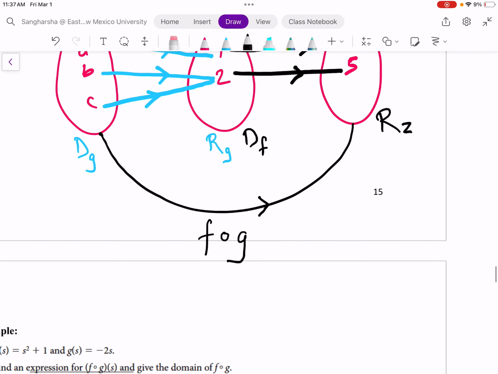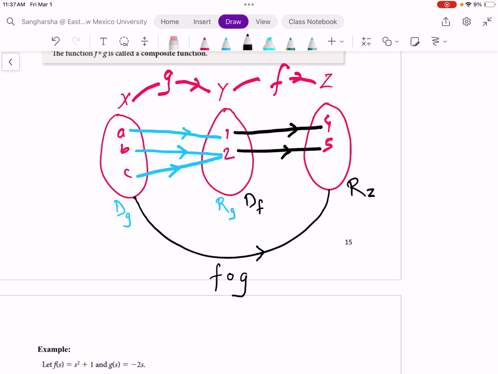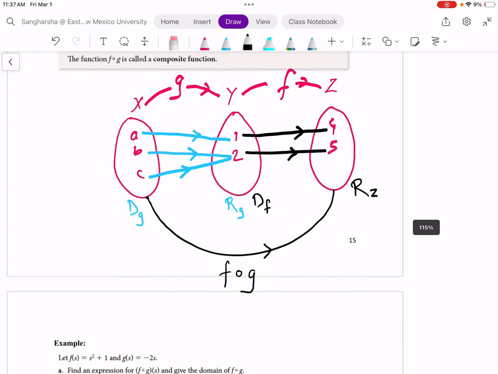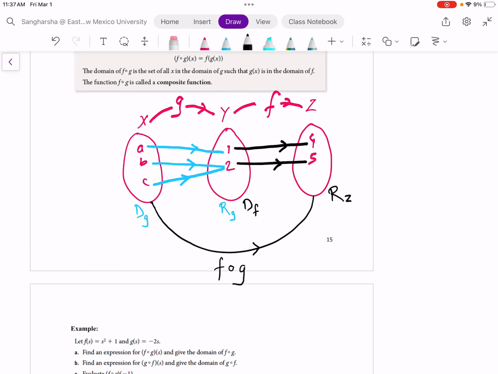We define a new function here, and the new function is from set X to set Z. So we have the new function f composite g.